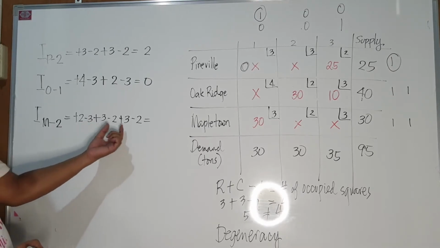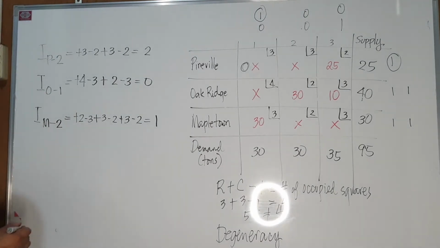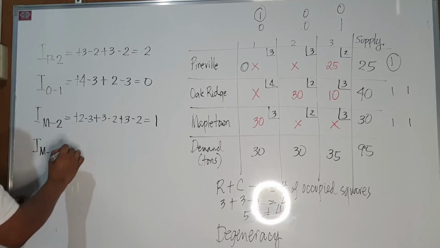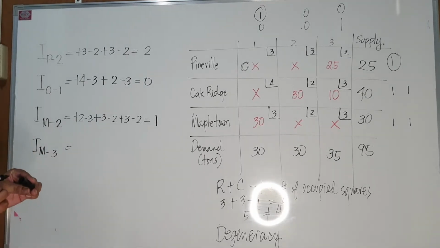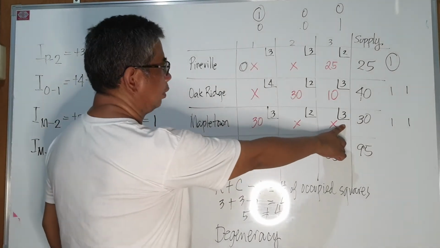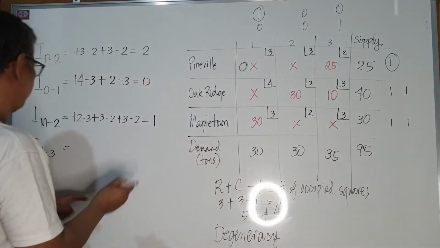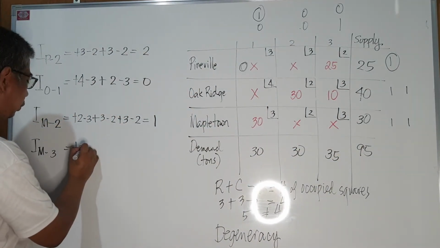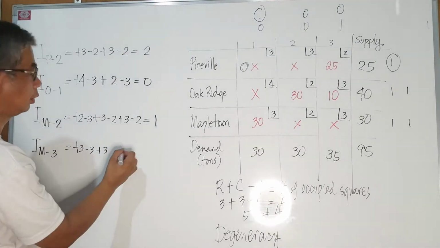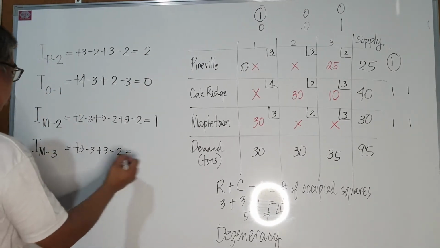So 3 minus 2 is equal to 1. Okay? Then Mapletown to supply house 3. What is our path for this one? The corners. Okay? So, plus 3 minus 3 plus 3 minus 2 is equal to 1.